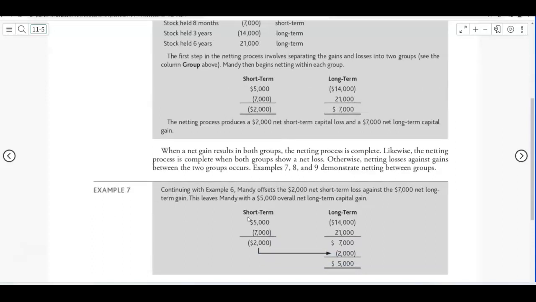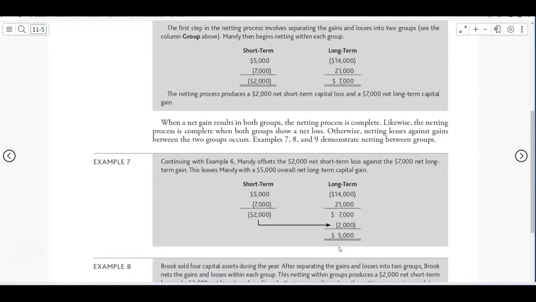Now we offset. You see that $2,000 short-term loss? We take that loss because the gain is bigger, right? So that smaller number goes below the bigger number. So 7,000 positive number minus 2,000 short-term loss gives us $5,000 capital gain.